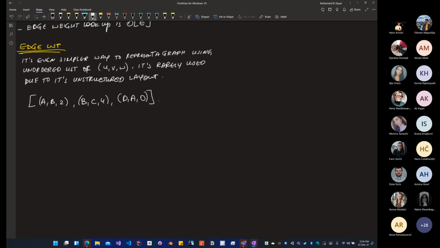So you could have a list of this. And to be honest, it reminds me of polygons in graphics, because they are usually an unordered list of vertices. And then you could loop over them to do certain interesting operations.